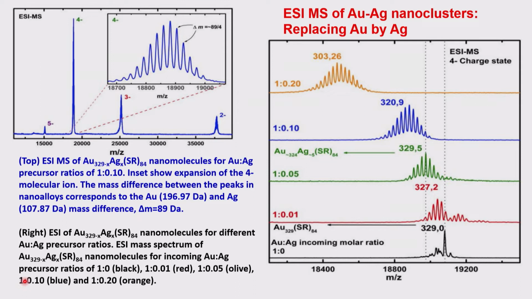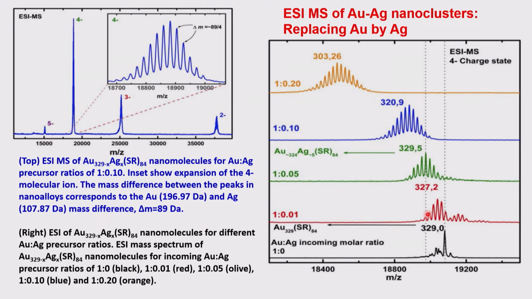Now this reaction is done for different ratios: 1 to 0.01, 1 to 0.05, 1 to 0.1, 1 to 0.2. These are all shown over here, and here is the completely Au329 cluster without any silver at all, and here with 2 silvers. So the position has to shift because it is lower mass, because 2 of the golds are replaced by 2 of the silvers.